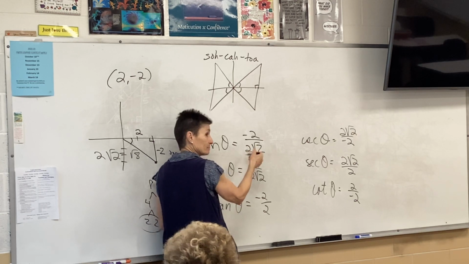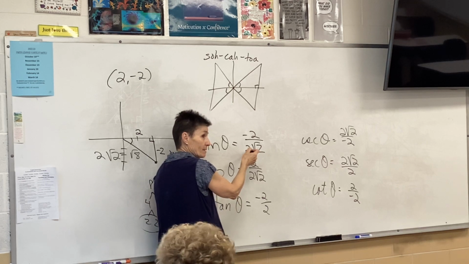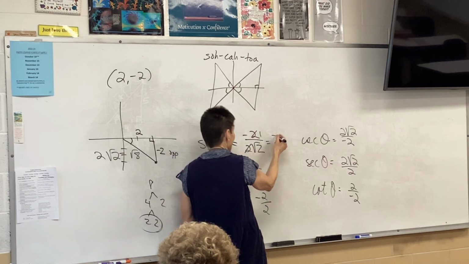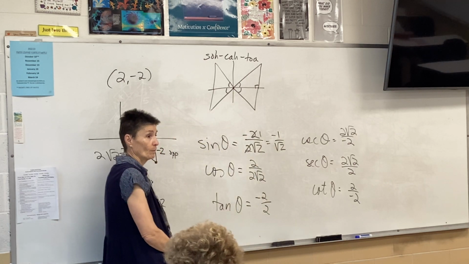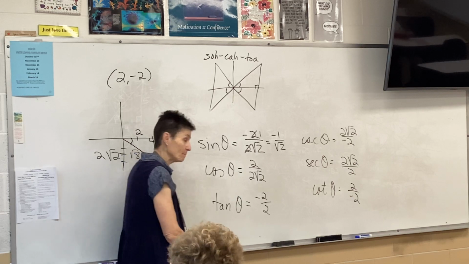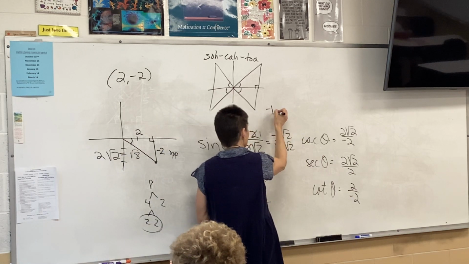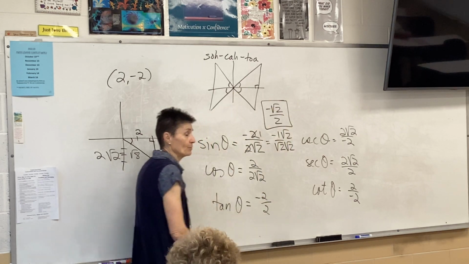Now there's a 2 over a 2, right? I can cancel those. So this is negative 1 over root 2. Well, I can't have a radical in the bottom, so I'm going to make that negative root 2 over 2. That is the sine value.